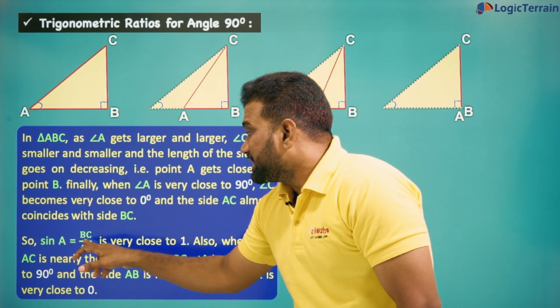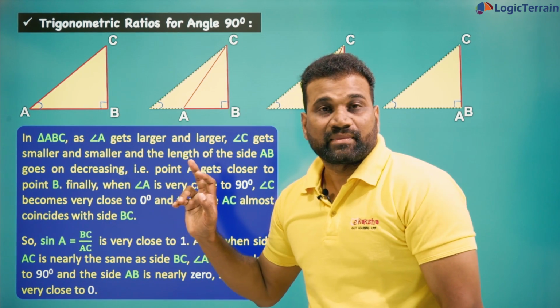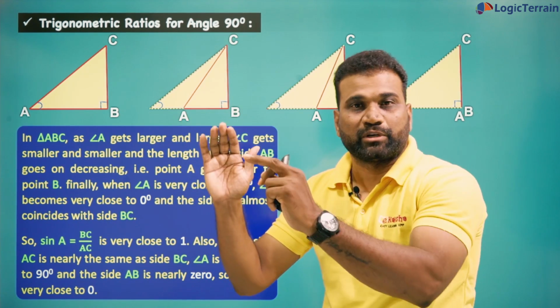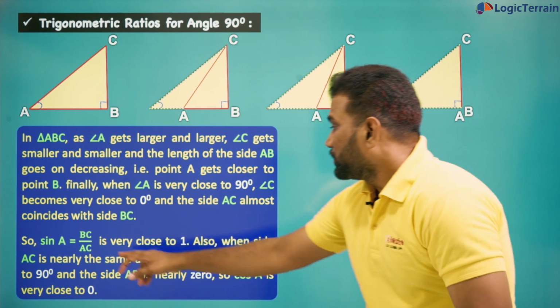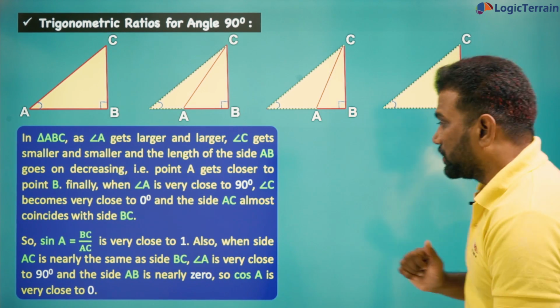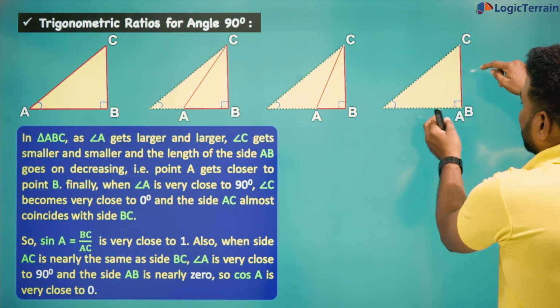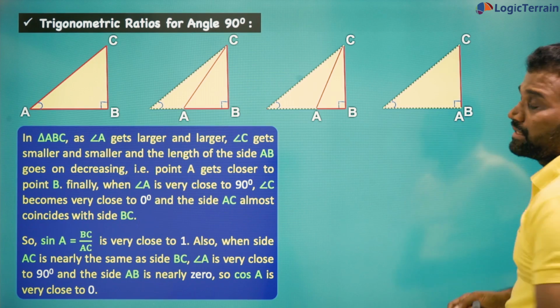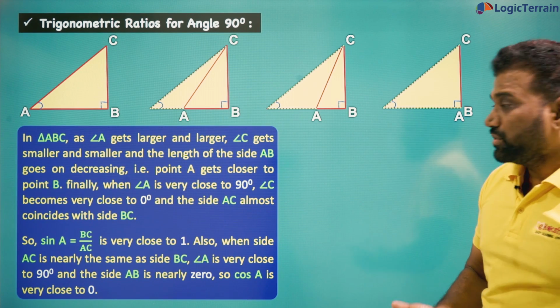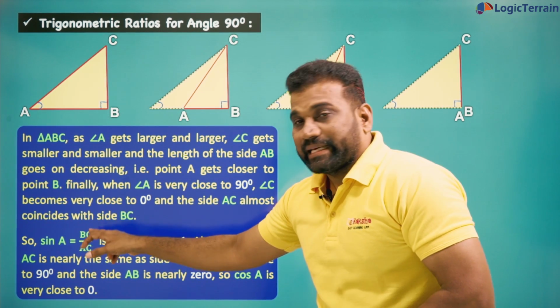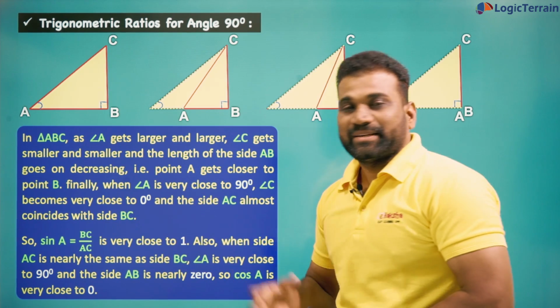So sin A is equal to BC over AC, that is opposite side to theta over hypotenuse. So here its value is closer to 1, because when it becomes 90 degrees, BC and AC are the same, so their ratio is 1.